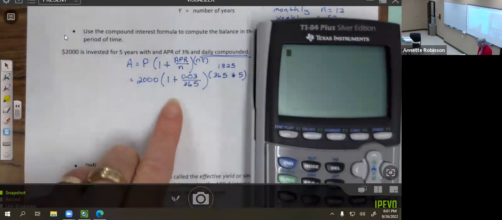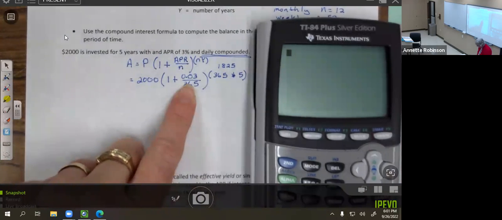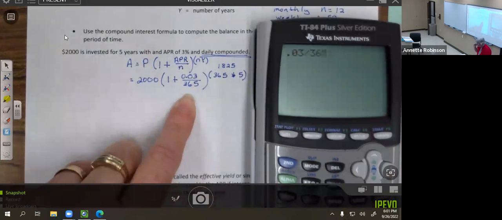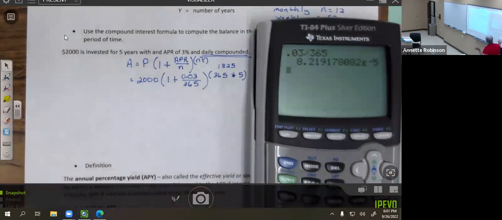Do the division first. So 0.03 divided by 365. Go ahead and hit enter. Now there's a big ugly number on your calculator. Do not write it down too soon. Also, do not erase it.